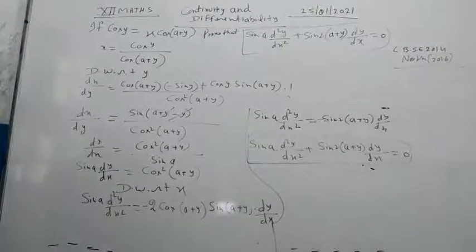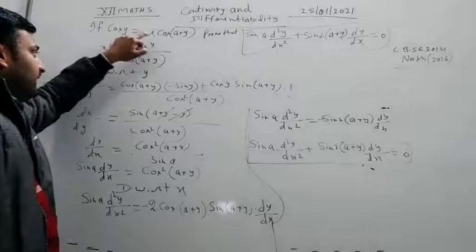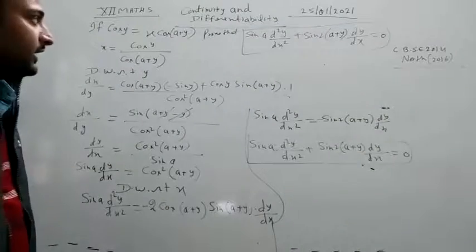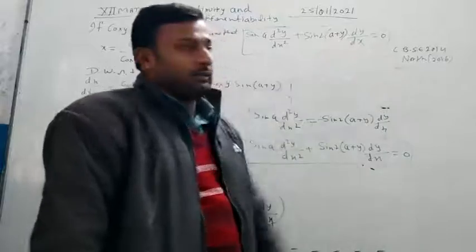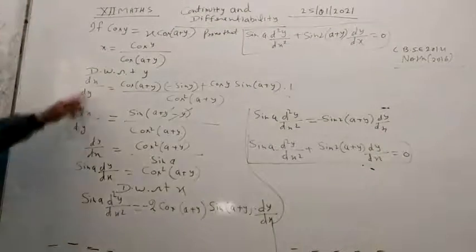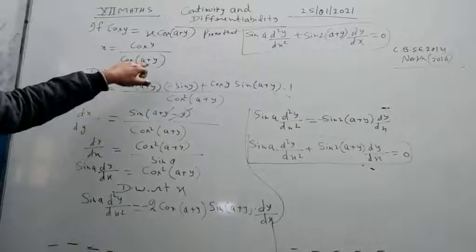Let's see once again, students. If cos y is equal to x cos(a plus y), then we have to show that sin a d2y by dx2 plus sin 2(a plus y) dy by dx is equal to 0. From here we can write x as cos y by cos(a plus y).